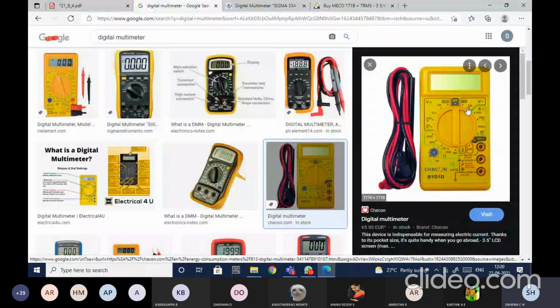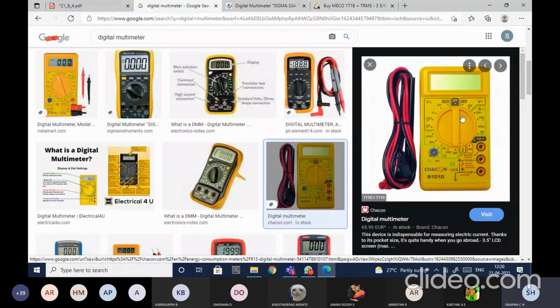We will be able to find the gain of the transistor, whether the diode is working properly or not, and the forward voltage of the diode. And we can even check the connectivity, whether the connections are made properly or not. All this you'll be able to find just by using this multimeter.